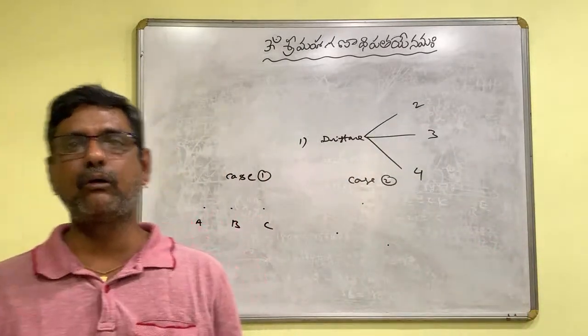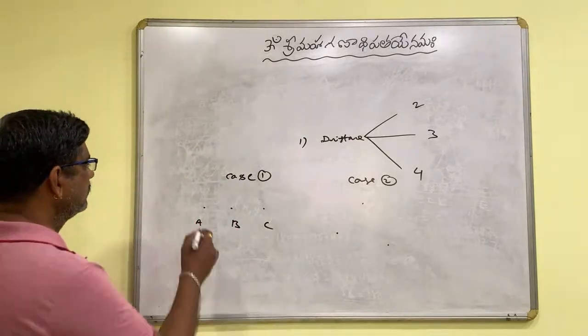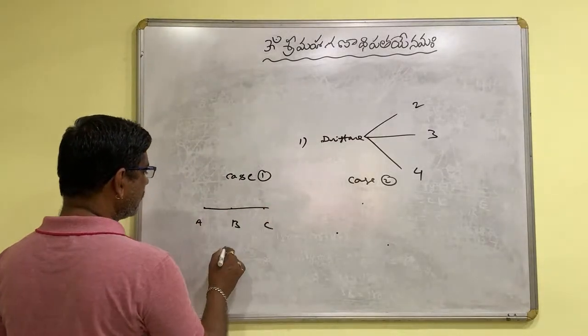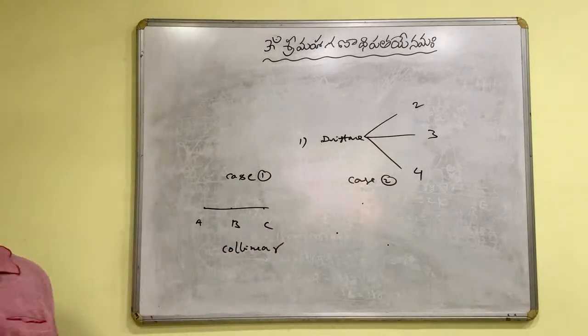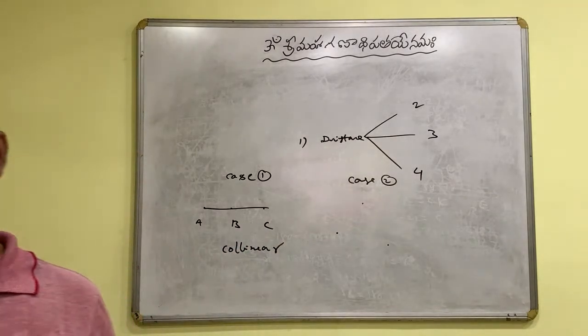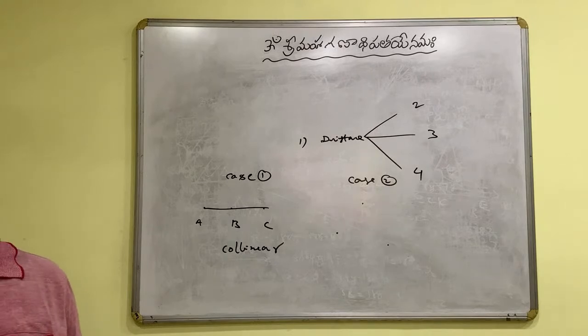If we are able to draw a line passing through all the 3 points, they are called collinear points. Collinear points. Okay, na?